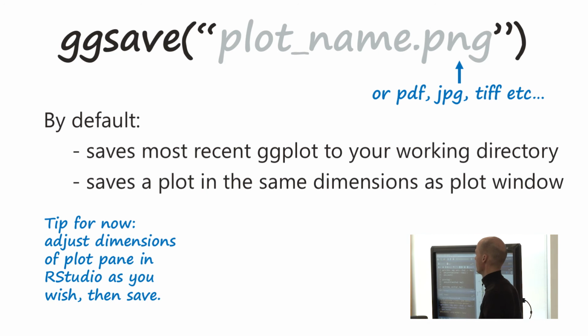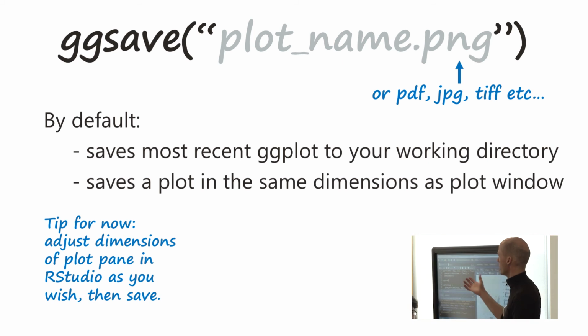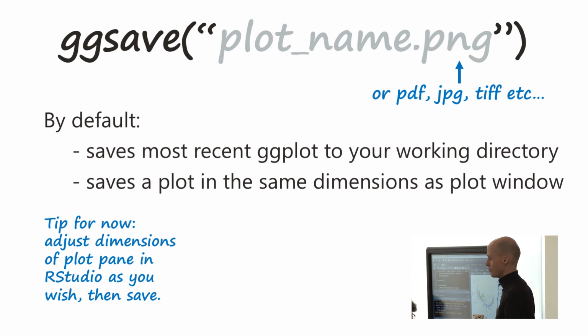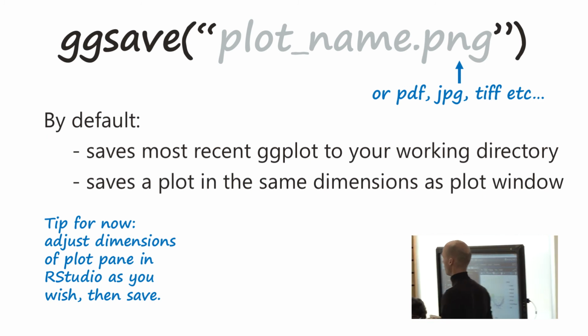Now the function ggsave, and by default that will save the most recent plot, and it will save it in your working directory, which will be your project directory, assuming you've gone through the steps that we've outlined before. So you type ggsave, and then in inverted commas, you type a name for the plot, then you have to specify what kind of output you want.